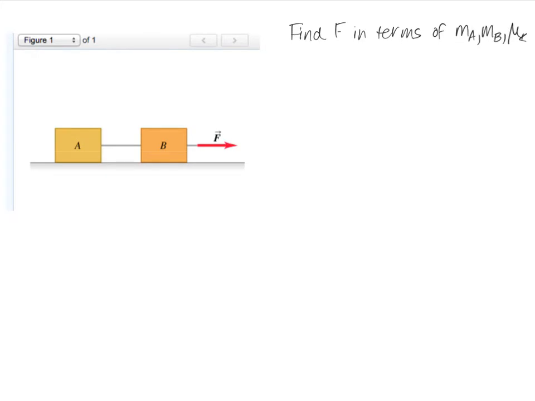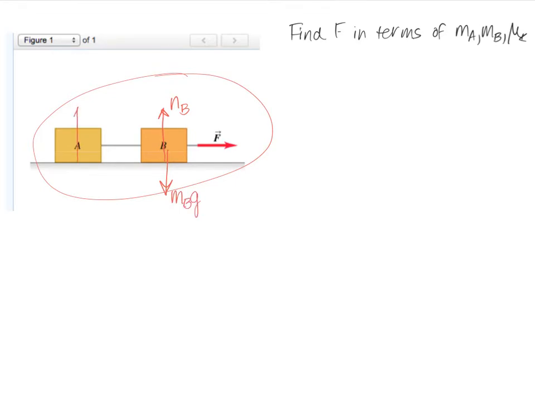So we're going to look at this as a whole. We're going to be concentrating on the two blocks together instead of looking at them individually for the first part. First of all, let's try to identify different forces acting. I have the normal force on B and its weight.